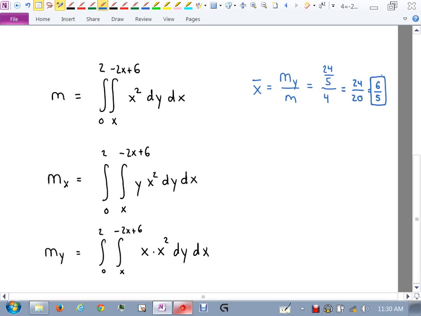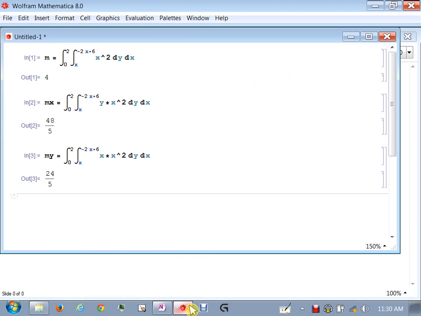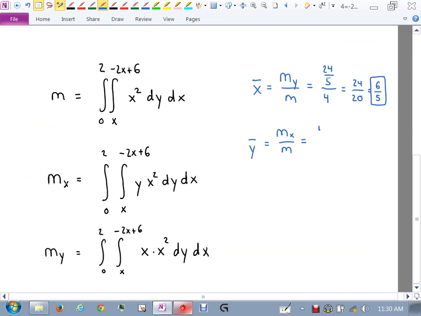And then y bar is mx over m, 48/5 over 4. 48 over 20, 12/5.